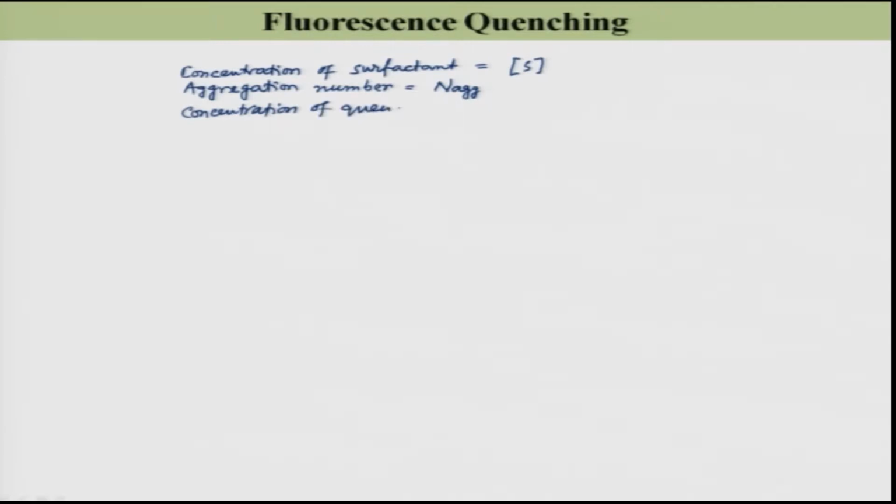the concentration of surfactant. Let me use the symbol S to denote this. The aggregation number, let us say N AGG, as I said earlier. Concentration of quencher, let us denote it as Q as usual.